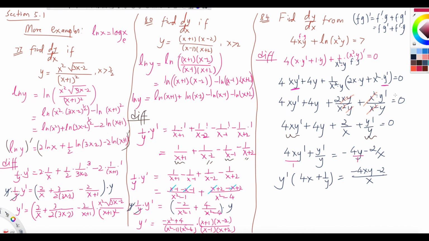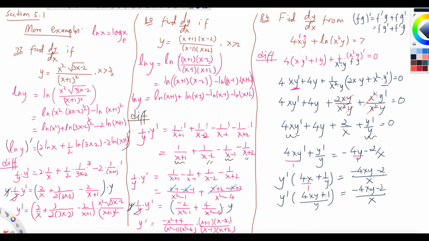And similarly, there is 1. So what do you get? 4xy plus 1 here, right? So you get y prime times 4xy plus 1 divided by y, right? Equals to negative 4xy minus 2 divided by x.